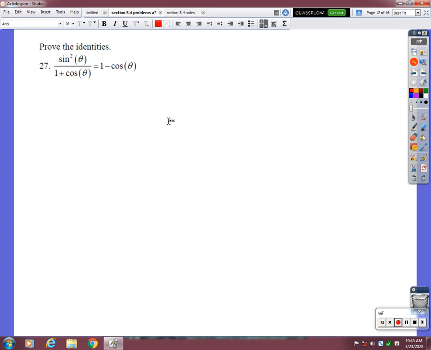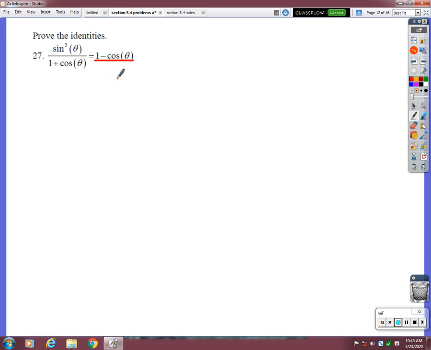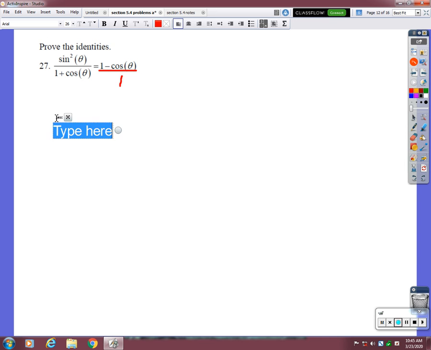Okay, so now we're on to proving some identities. So what I'm going to do to start with this one is one of my problem-solving strategies is that if I have 2 fractions that are equal to each other, I can cross-multiply those 2 fractions. So if I multiply this way, if I multiply sine squared times 1, then I'm going to get sine squared.